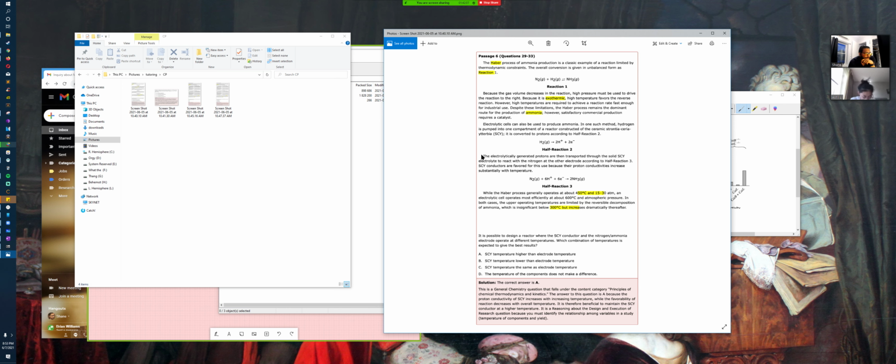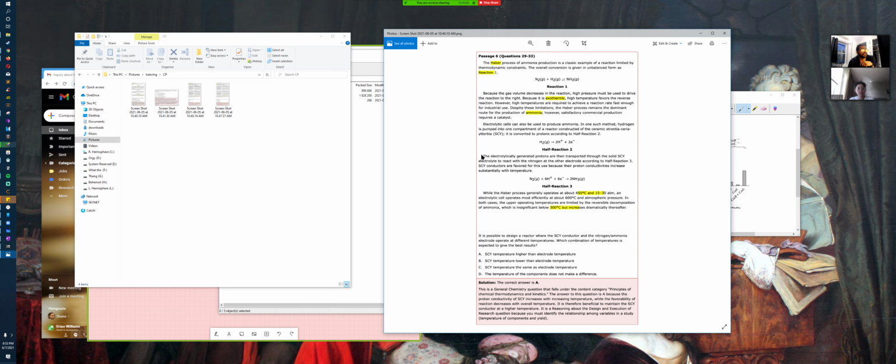Okay. So, it is possible to design a reactor where the SCY conductor, okay, that seems to be this ceramic strontia, and the nitrogen ammonia electrode operate at different temperatures. Which combination of temperatures is expected to give the best results? Okay, so let's see.